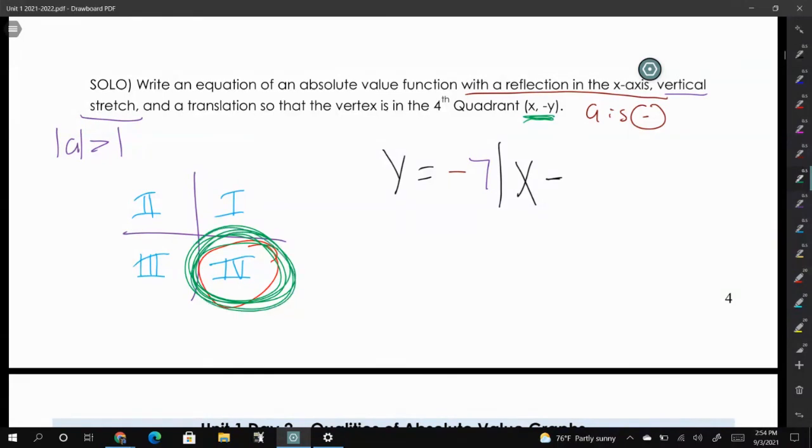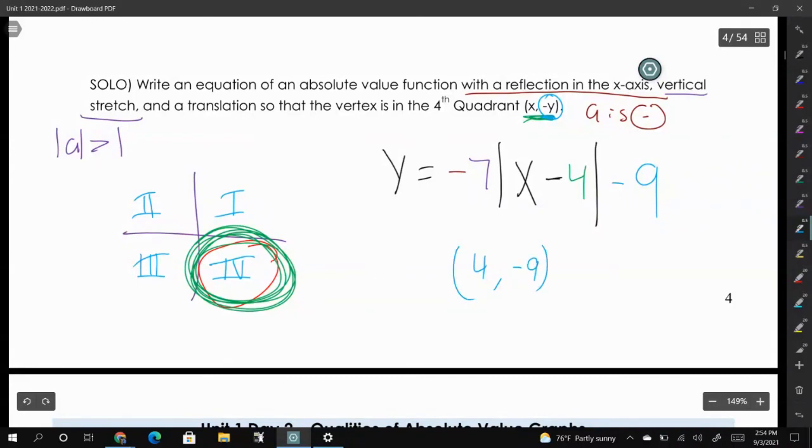So let's go with 4. Why not? Now the y value of the vertex is negative, so that means we need to have a minus some number out here. Let's go with 9. The vertex of this function is positive 4, comma negative 9, which is in quadrant 4.